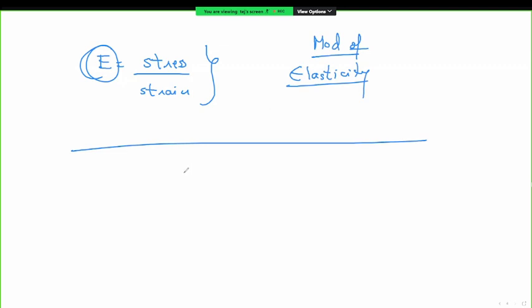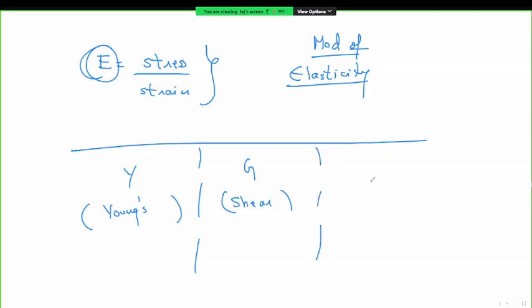The first modulus will be represented by the letter Y, called Young's modulus. Young is the name of a person, a scientist. Then we're supposed to learn shear modulus or rigidity modulus, G representation, shear or rigidity. There's one more modulus called bulk modulus. All 3 are important.